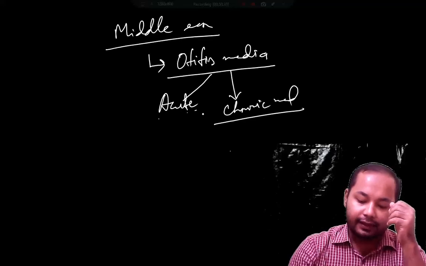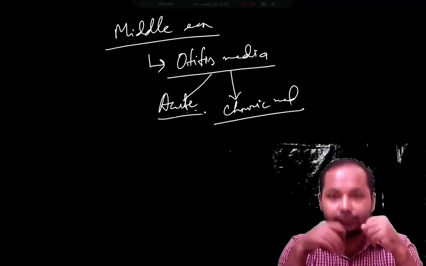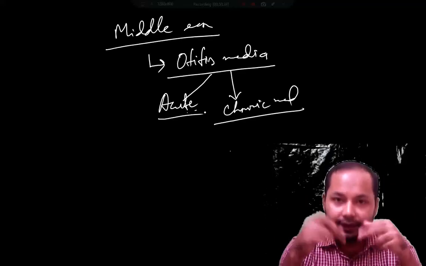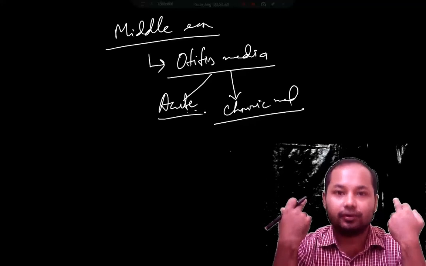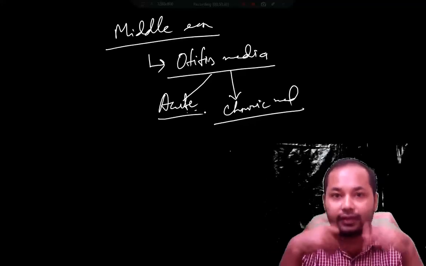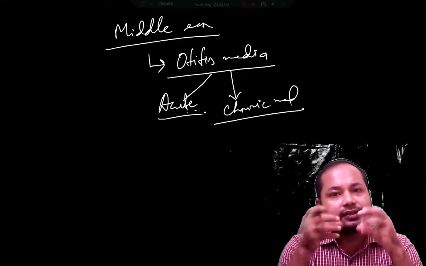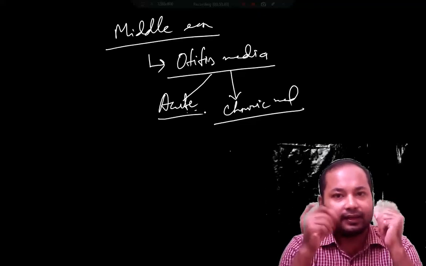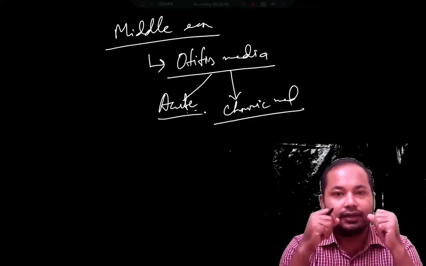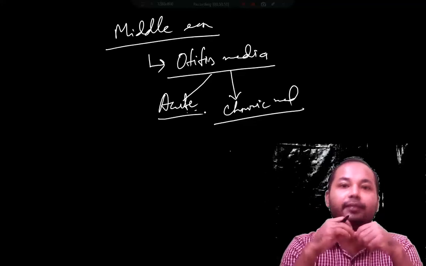The infection may come from outside, maybe traveling from the pharynx also, because you have the eustachian tube continuing there. The fluid and the bacteria growing in the middle ear cavity may perforate the tympanic membrane.